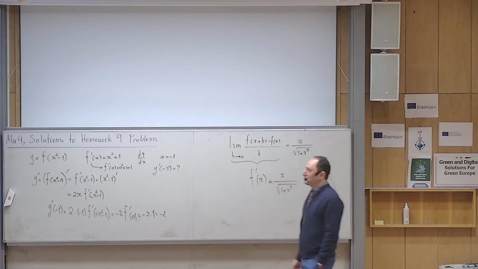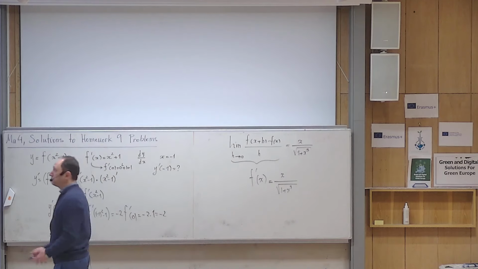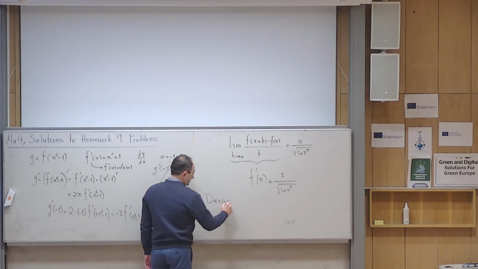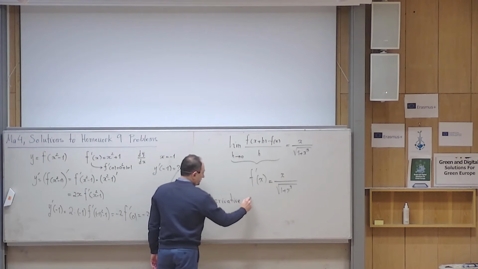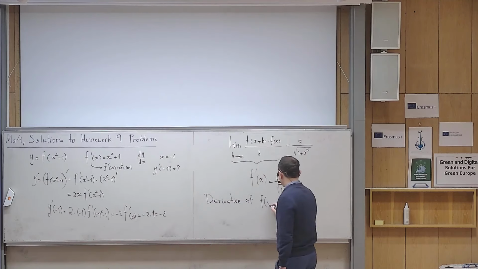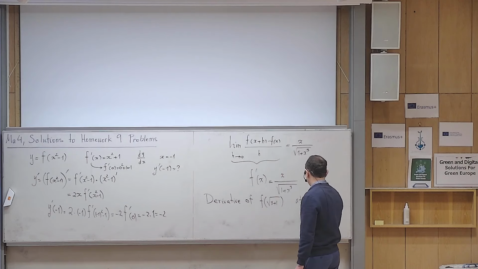But the rest of the question is again the same. Then the derivative of f of square root of x plus 1 at x equals to 3 is wanted.